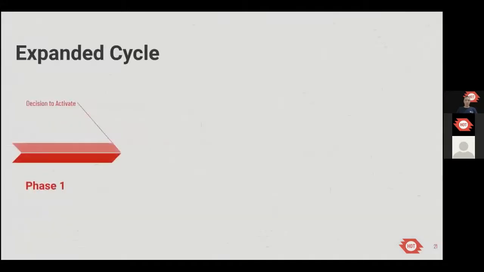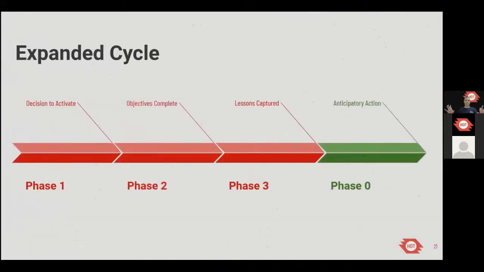So if we look at the cycle expanded out or laid out, we'll start to see more about how the protocol instructs activators to complete each phase and ultimately resulting in success. At the end of phase 1, you end up with a decision of what to do, whether that's a full-blown activation or making it a locally led event.